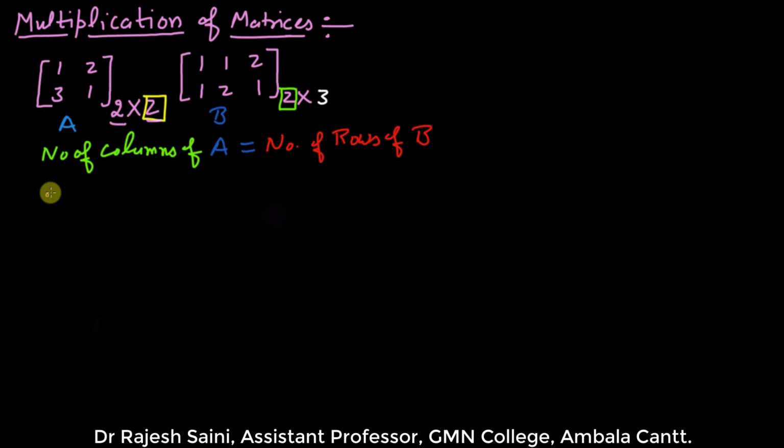If instead of this we had written 1, 2, 3, 1, which is of 2 by 2 order, and here we had written 1, 1, 2, 1, 2, 1, 1, 0, 0, so it has 3 rows and 3 columns.